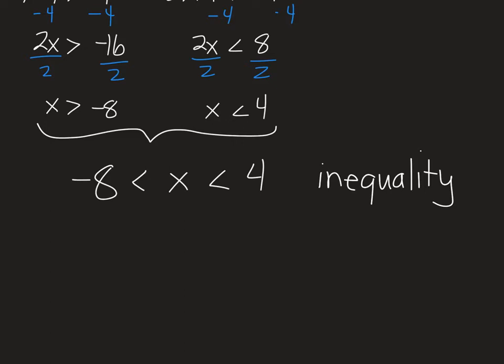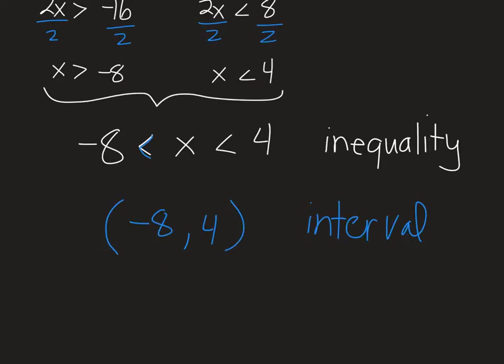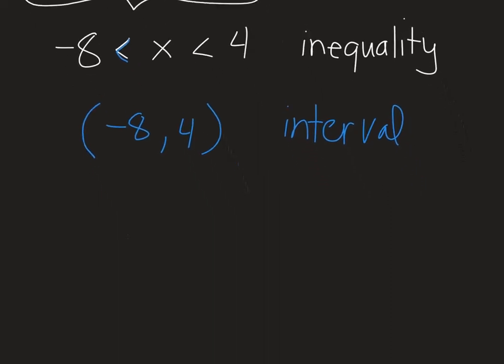We can also represent it in interval notation. Because these are less thans, we use parentheses: from negative 8 to positive 4, both in parentheses. It's a solution set, not a single point.